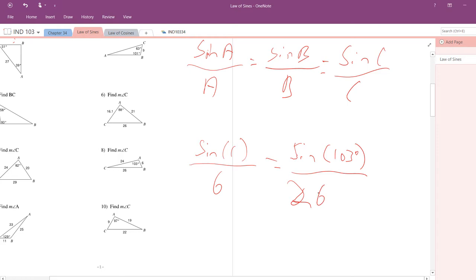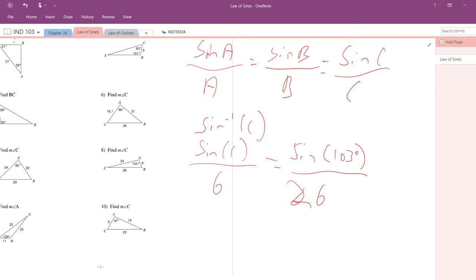Now remember, now that I'm looking for an angle, when I plug this in, I'm going to use arcsine to find my actual angle. So I'm going to do 6 times the sine of 103 divided by 26.